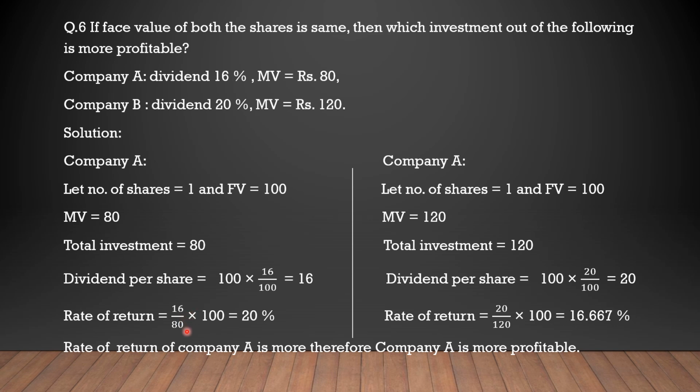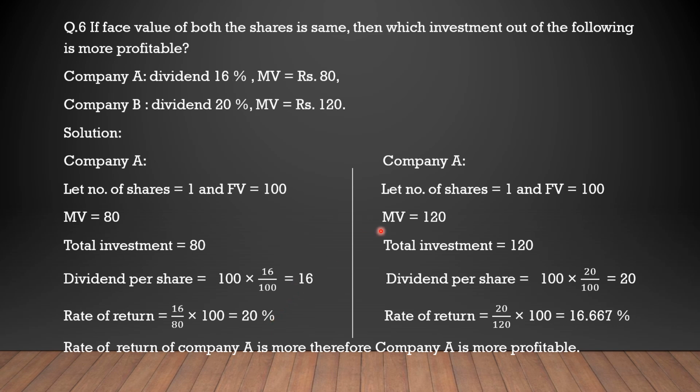So 16 by 80 into 100. 16 by 80 into 100 is equal to 20%. So rate of return for company A is 20%.